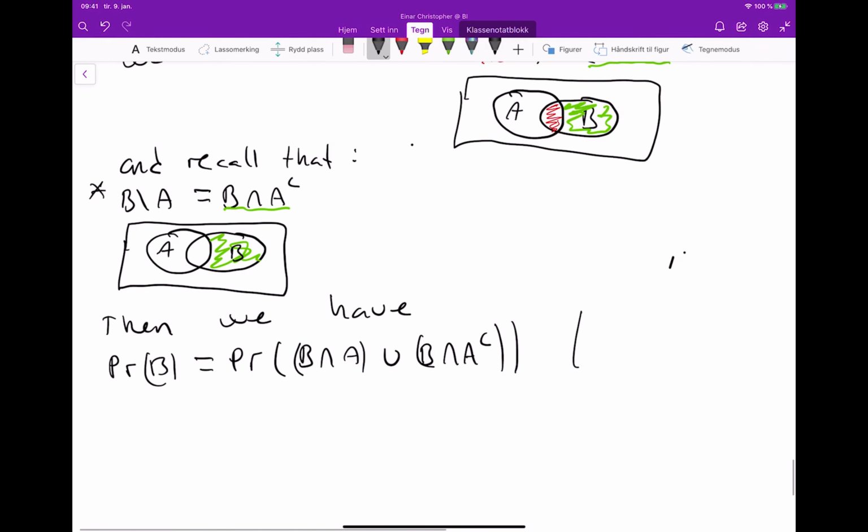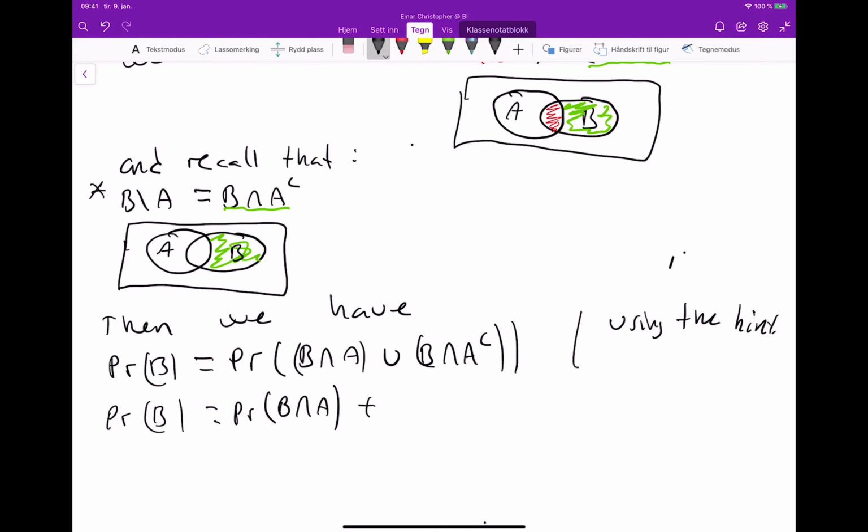So this is using the hint. And this we can rewrite as the probability of B and A plus the probability of B and A complement.